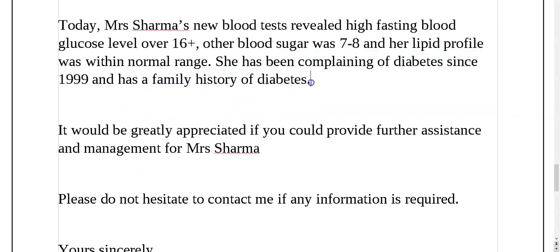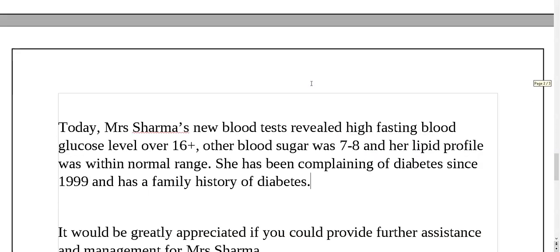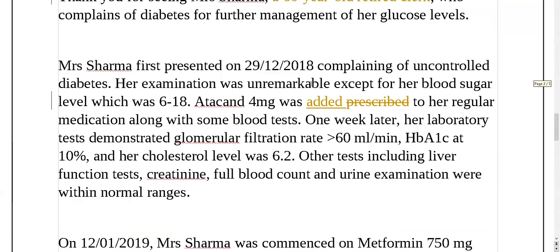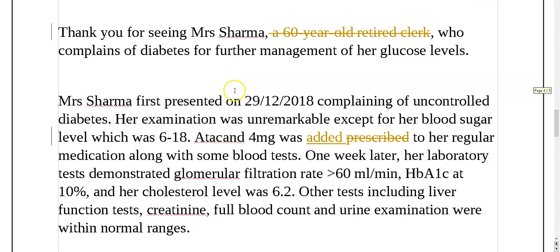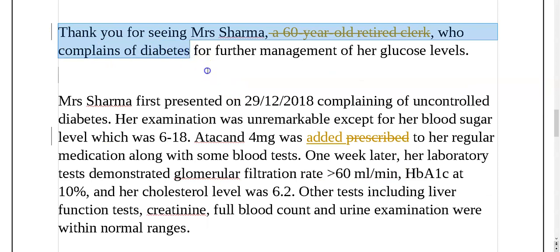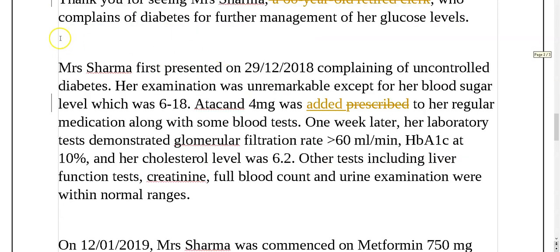Wouldn't that be better earlier in the document? So this is a little bit short. We've got the purpose, so that could be reworked. Who complains of? A history paragraph would work well for this one, so that fills me in, the reader, with the details.